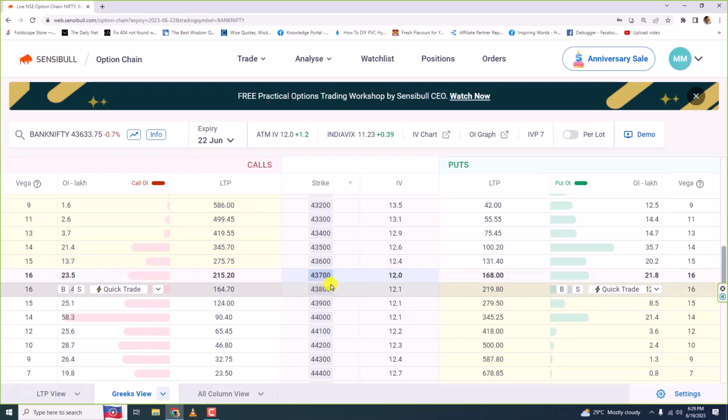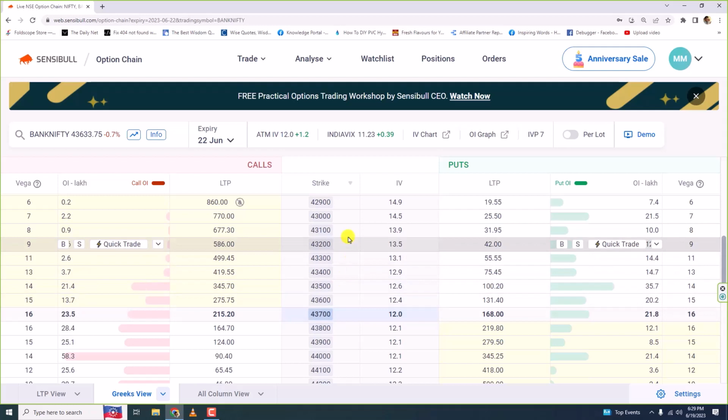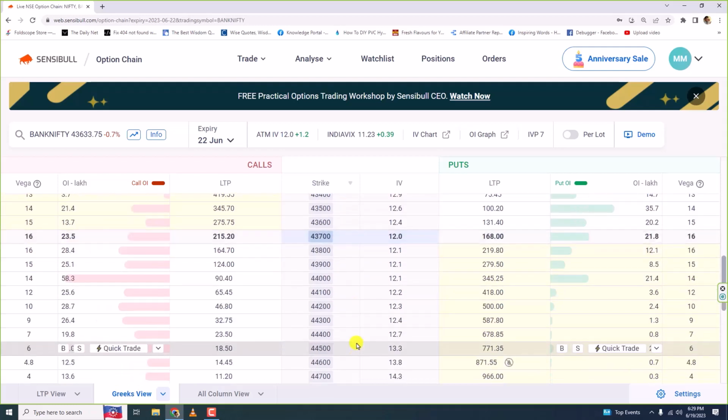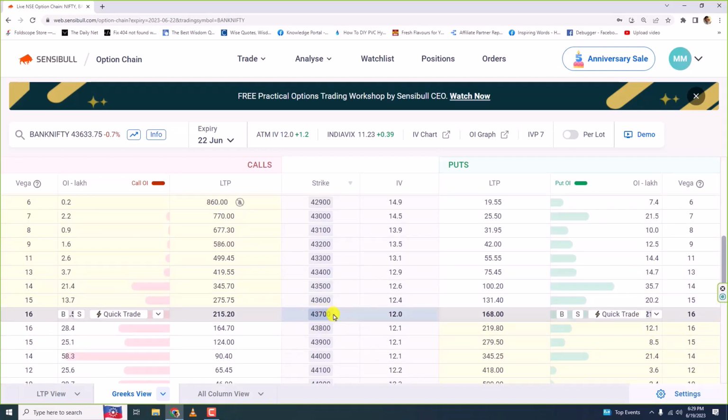Now think of it like this. Let us say you have bought an at the money option. Now when we say volatility is more, what does it mean? Then the chances of the price moving way too down or way too up are more, correct? Now see, you are an option buyer. Let us say you have bought this.